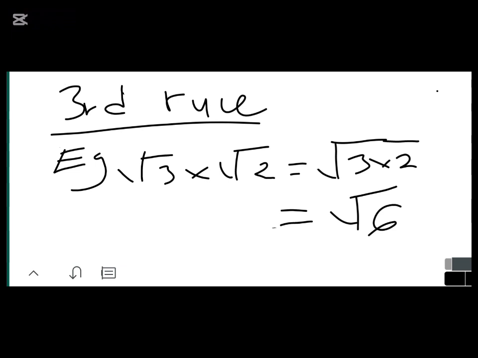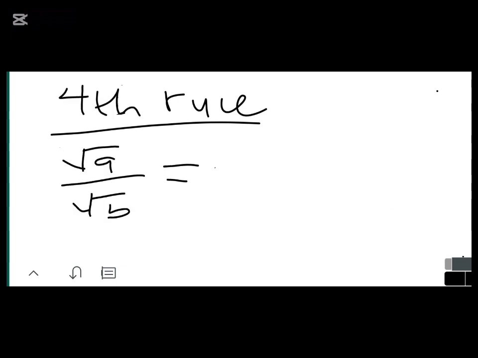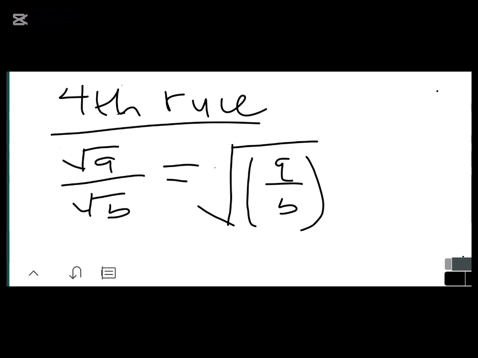Let's take the fourth rule. When you have square root of a over square root of b, this can be written as one big square root of a over b.